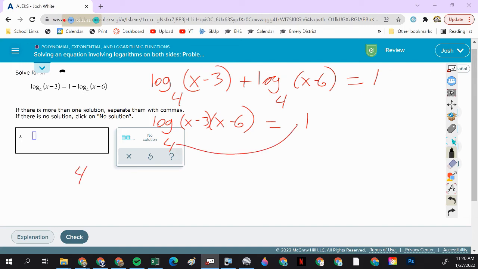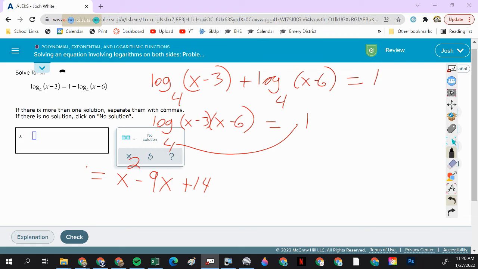4 to the first is x squared minus 9x plus 18. Subtract the 4.